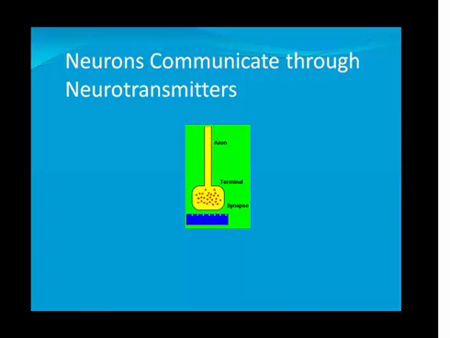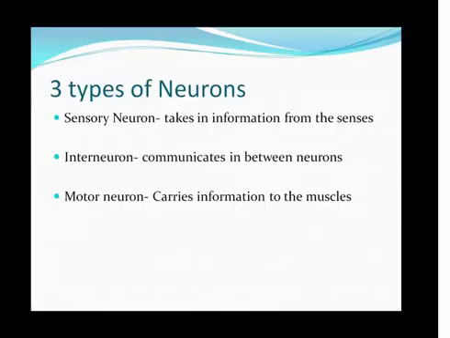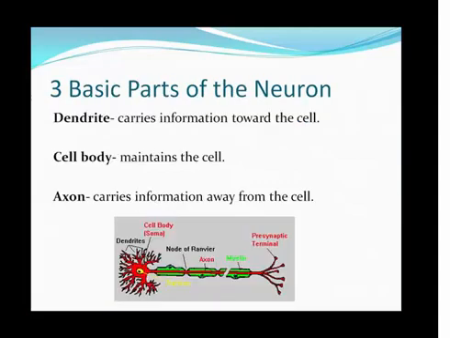Neurons communicate through neurotransmitters. If we go back to this slide, the dendrites carry the information in, the cell body takes care of the cell, and then the information gets transmitted down here. These presynaptic terminals at the end of the axon are going to release the neurotransmitter.